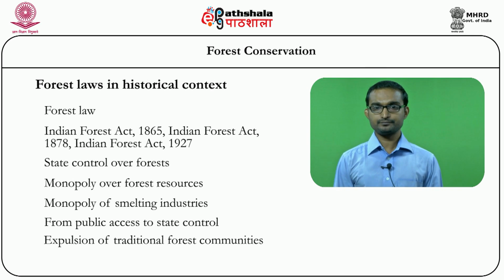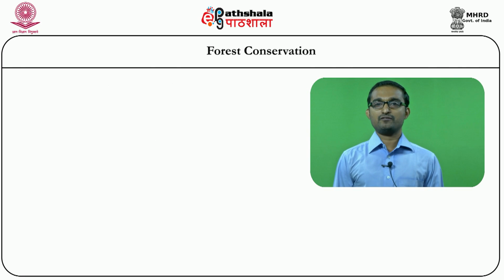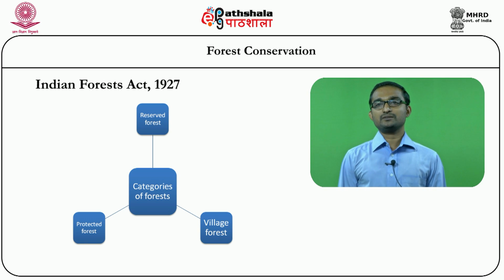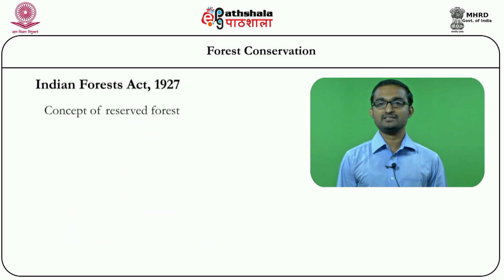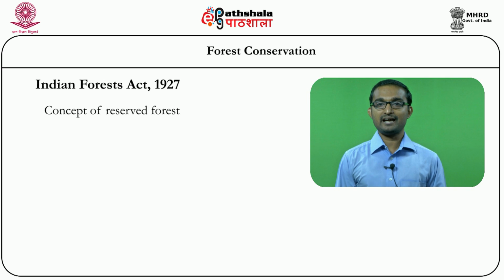Now let us try to understand the major features of the Indian Forest Act 1927. The Indian Forest Act 1927 introduced an interesting concept called reserved forest, the idea of reserved forest and protected forest. This idea constitutes carving out certain forest and notifying it as reserved forest for better regulatory purposes.